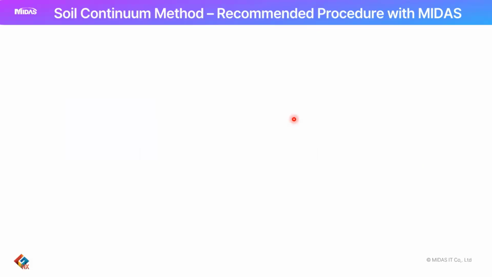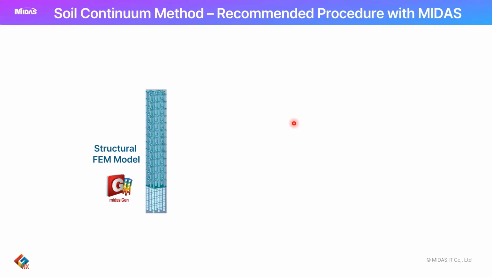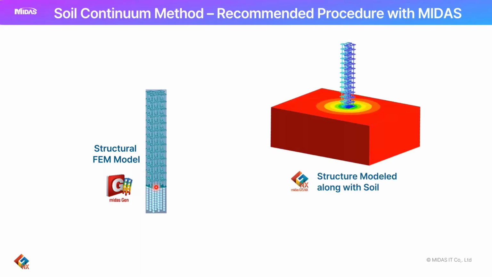Suppose we have a high-rise building model, wherein we model the superstructure along with the substructure in a software called MIDAS Gen, which is the building analysis and design tool from MIDAS. This entire superstructure along with the substructure will be transferred to GTS NX, and we will model the soil as a continuum here.